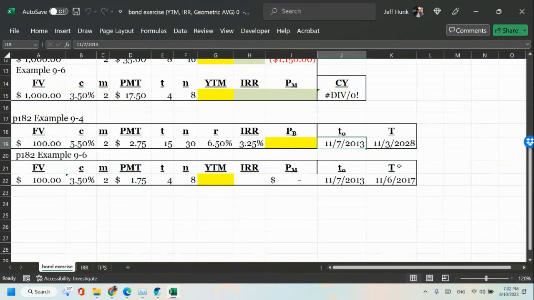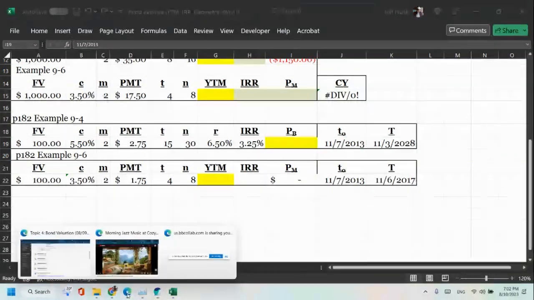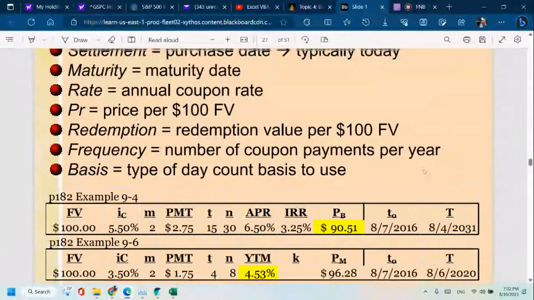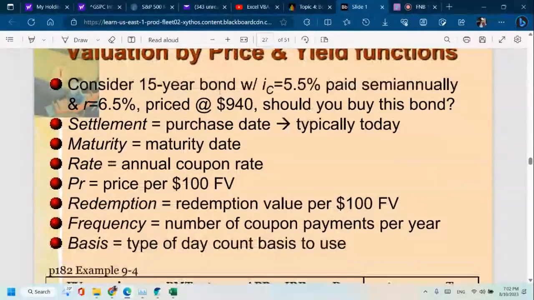So I'm going to change, first of all, remember this example. This is a 15-year bond with a coupon rate of 5.5%. Of course, coupons are paid semi-annually.